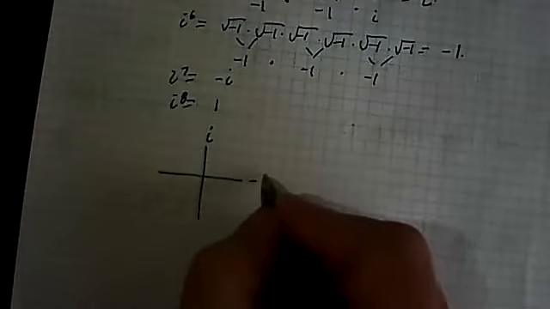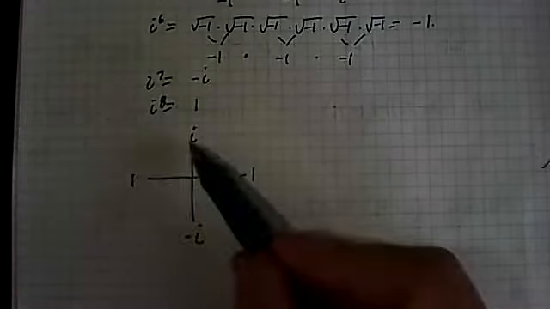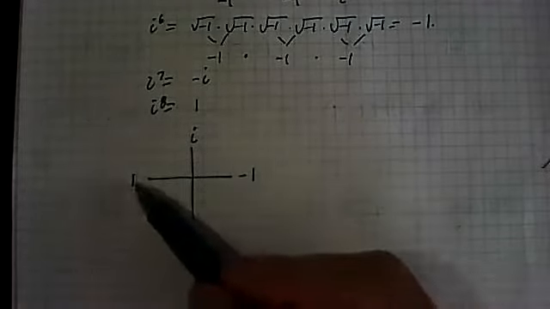We're going to go around clockwise. And then we have a negative i and then 1. And then the pattern starts to repeat. So this is i to the first, second, third, fourth, i to the fifth, i to the sixth, i to the seventh, i to the eighth. So I could just count around unless I have a huge number like 200. So it repeats after every 4.